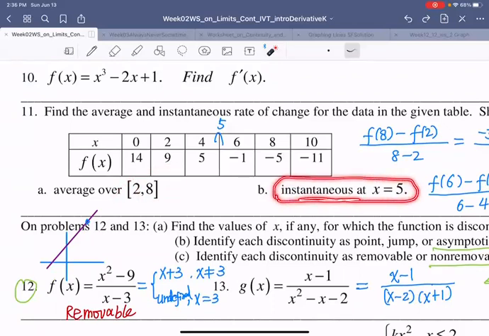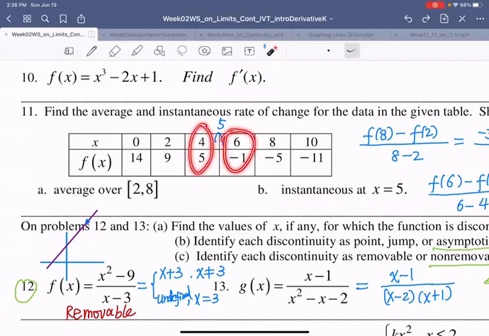And you say, no, I don't have the function. I'm not able to use the power rule. I cannot do the instantaneous. Look, if 2 points are very close, you can use the 2 neighbor points to represent their midpoint instantaneous rate. Okay, so you can do this guy over this guy to find out.